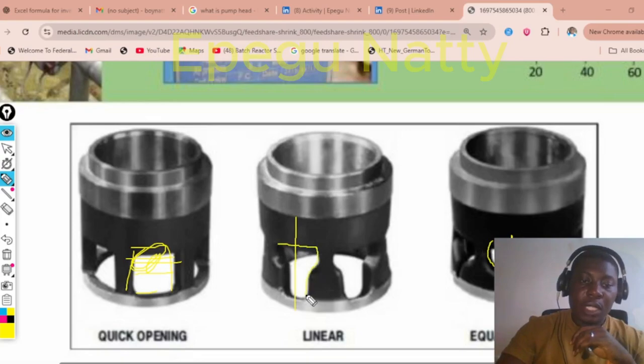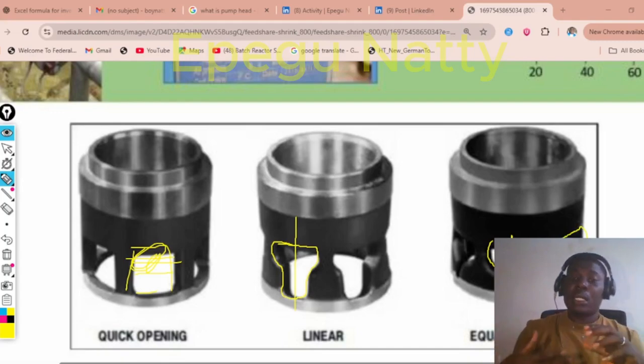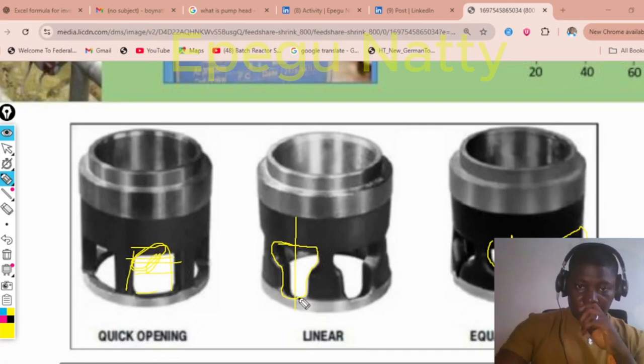This is the difference between quick opening, linear, and equal percentage. This opening is the configuration for the trim, and this is what makes the opening vary from one control valve to another.